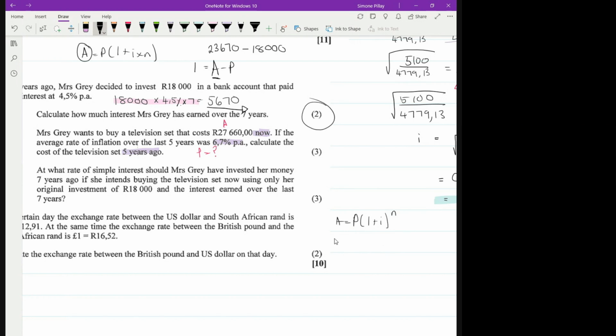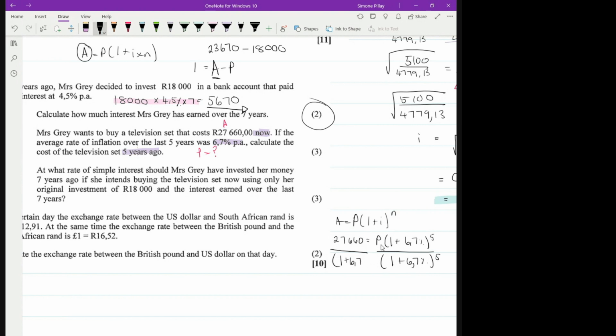My A value is going to be the 27,660. My P value is unknown, 1 plus my interest is 6.7%, and my N is 5. Remember, we just divide by this whole bracket on both sides, and we'll get our answer. Somebody tell me, what are we getting here?